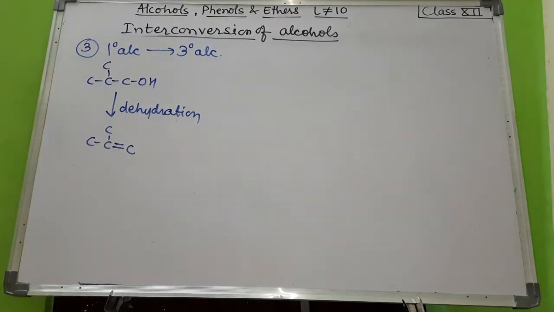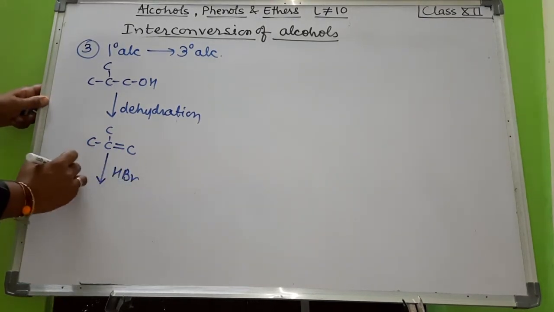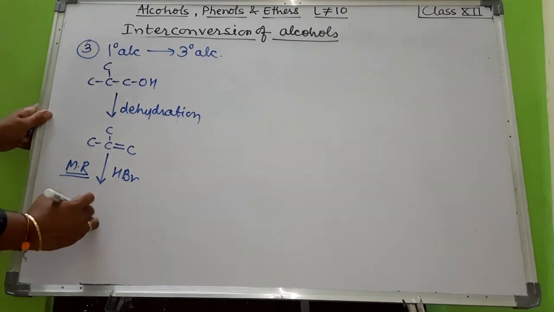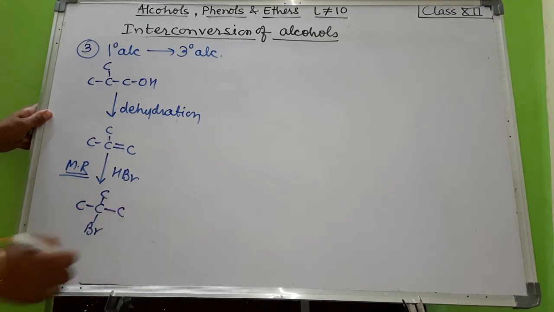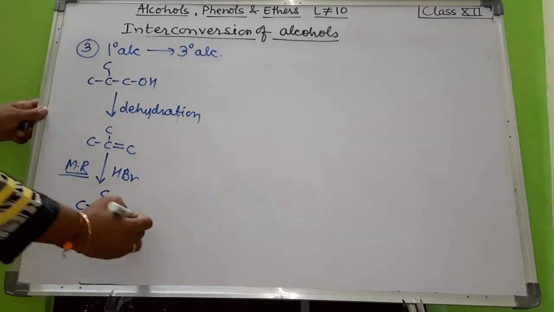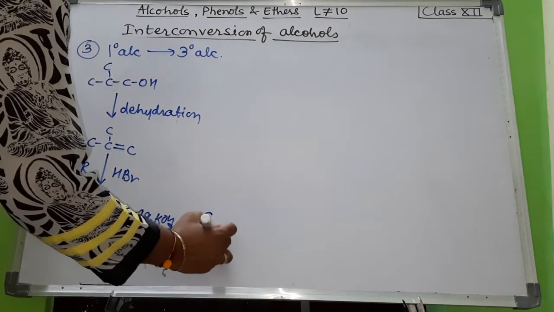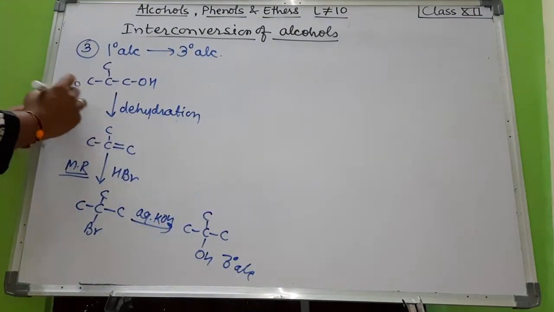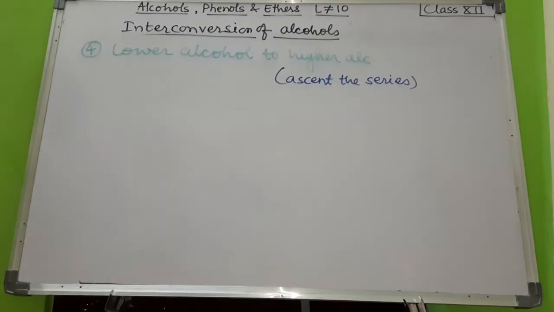And now this alkene on treatment with HBr will undergo Markovnikov's addition, so that it gives this compound, and this on treatment with aqueous KOH will give a tertiary alcohol. So we have converted a primary alcohol into a tertiary alcohol. This is one of the methods to convert a primary alcohol into a tertiary alcohol.